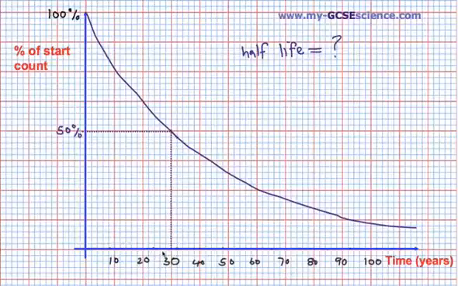Now it's a good idea to check for more than one half-life, because remember we said it's the average time taken, so you have to go down by half again. So that's from 50, halfway down is 25, and if I go across and measure down, this graph just by coincidence is almost perfect.